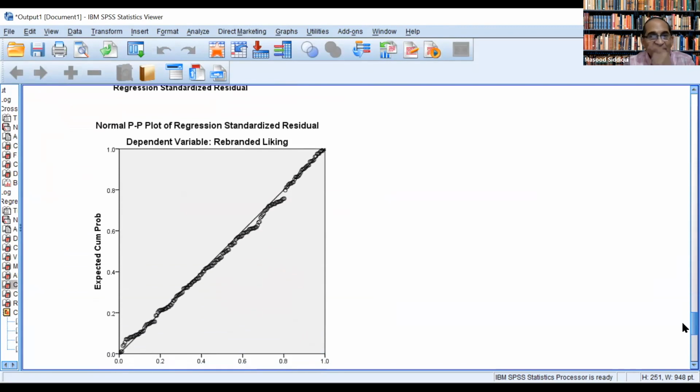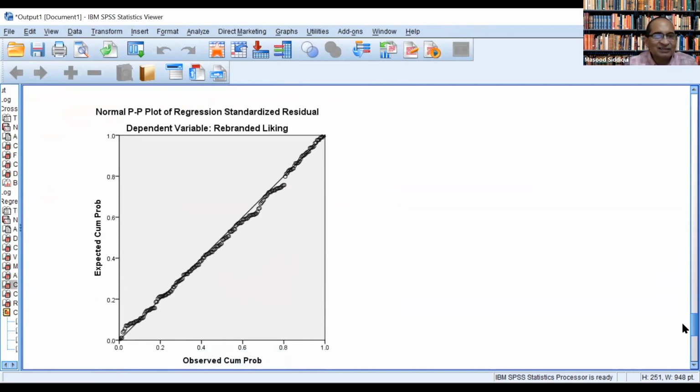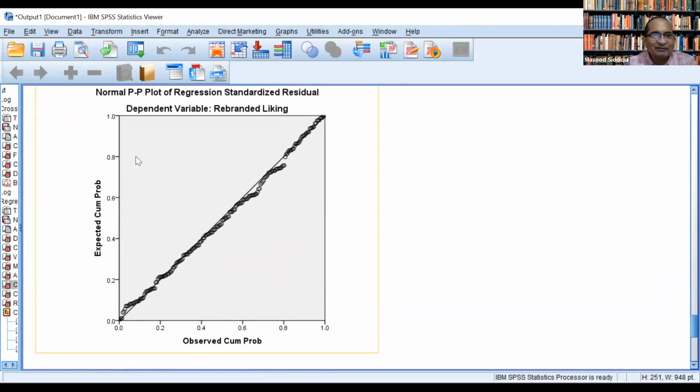In the previous lectures, when we were discussing normality, I discussed the normal probability plots also. This is the shape of the normal probability plot. Here on the x-axis, we have the observed values, and on the y-axis, we have expected values. If both values are the same, we get a straight line at 45 degrees.